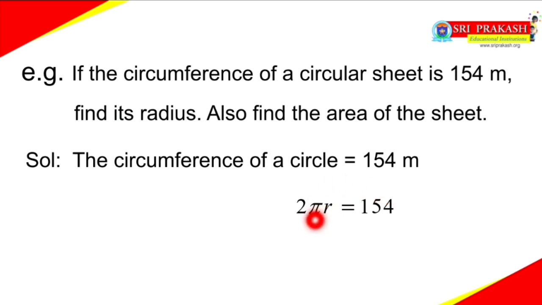Now let us substitute the value of pi in this equation. Then we get 2 into 22 by 7 into r is equal to 154. Now by multiplying we get 44 by 7 into r is equal to 154.